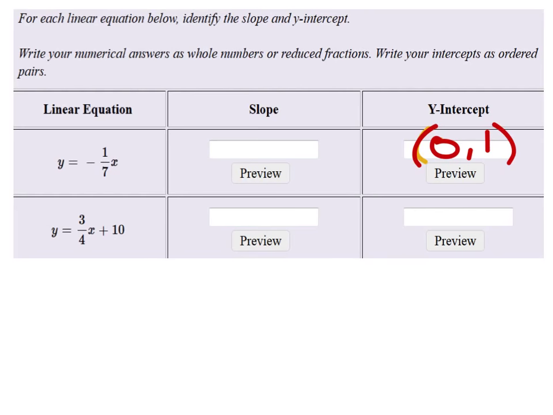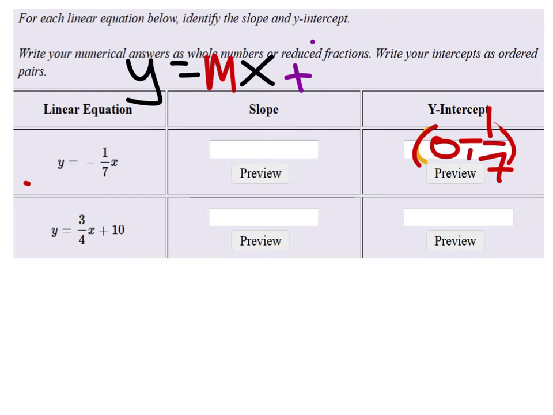Some of you guys know what's coming, right? -1/7 is the coefficient of x. That's where the slope goes, okay? You remember that y equals mx plus b? M is the coefficient of x. That is the slope. So -1/7 is not the y-intercept. -1/7 is the slope.